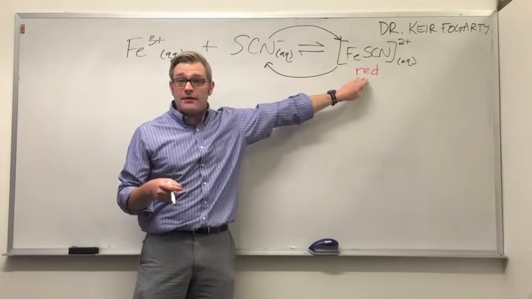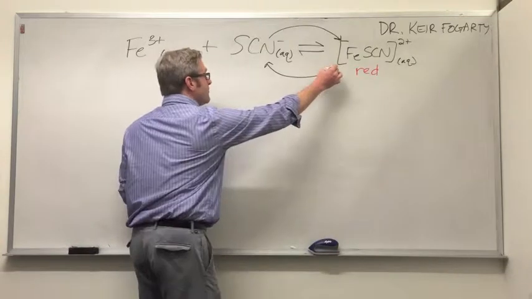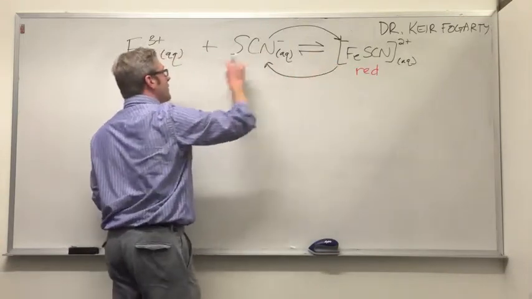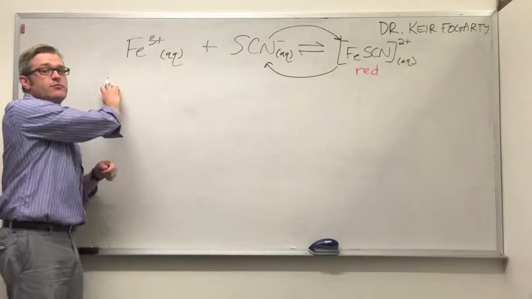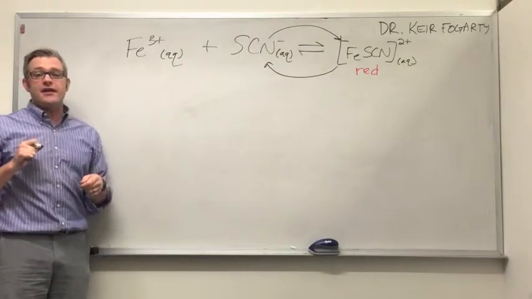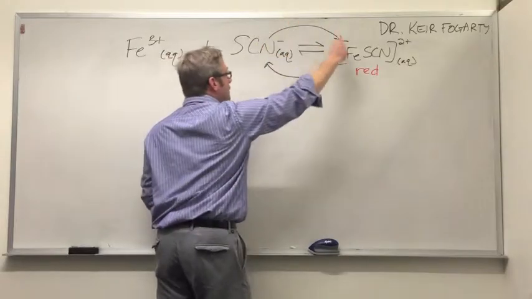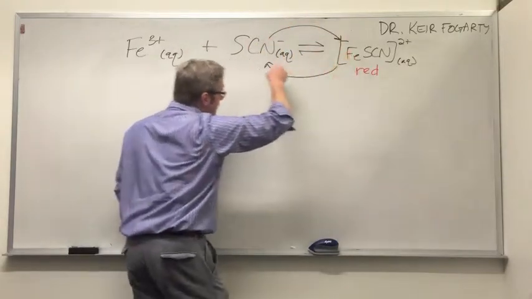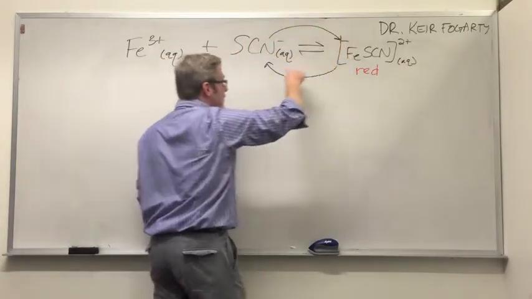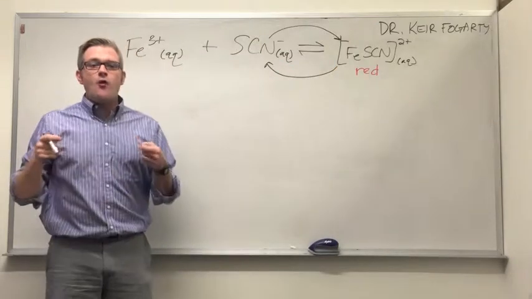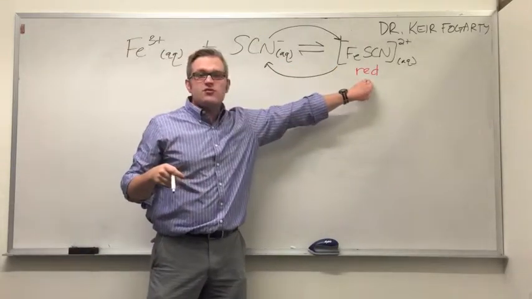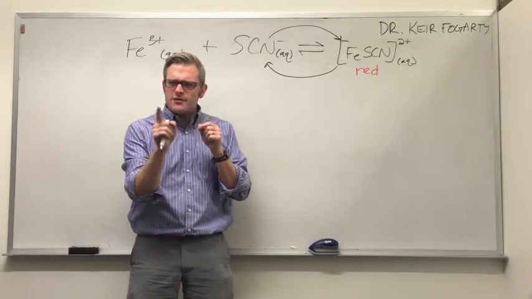But as more and more of this forms, it will begin to also fall apart and reform our iron 3+ and our thiocyanate. So what we get is a kind of cyclic reaction where we're forming product and breaking up product, and forming product and breaking up product, okay? Over time, eventually, this red color will only get to a certain amount of darkness.